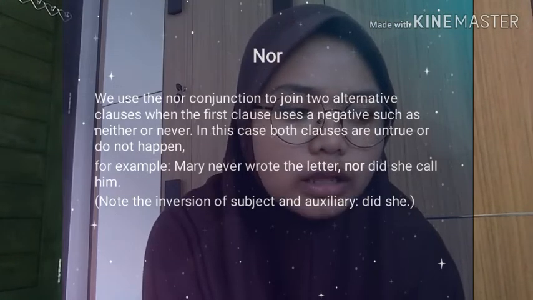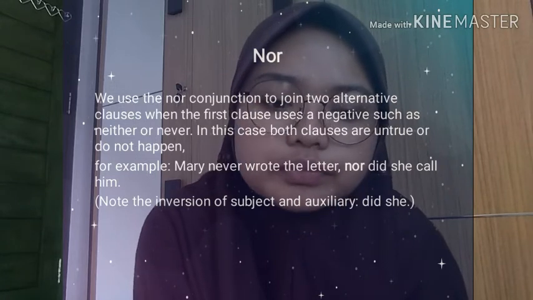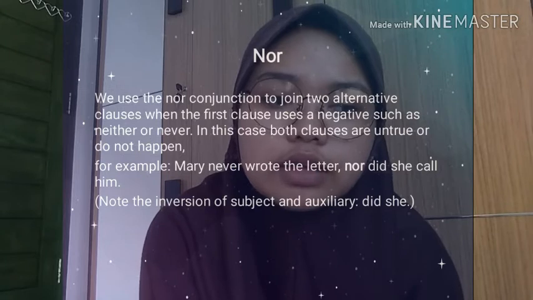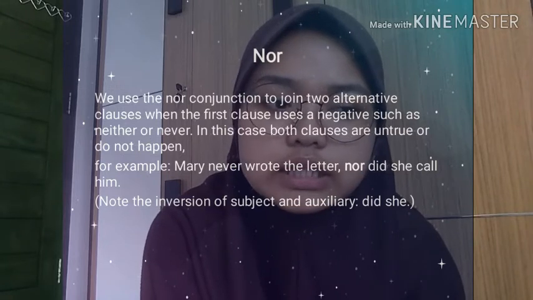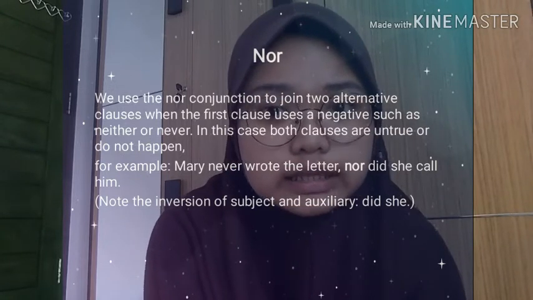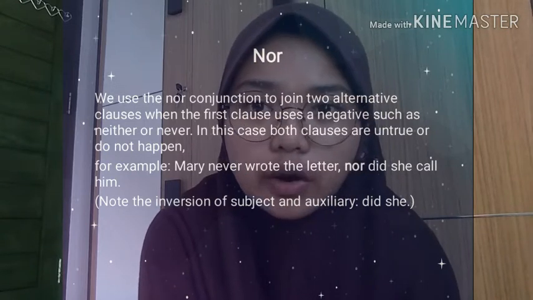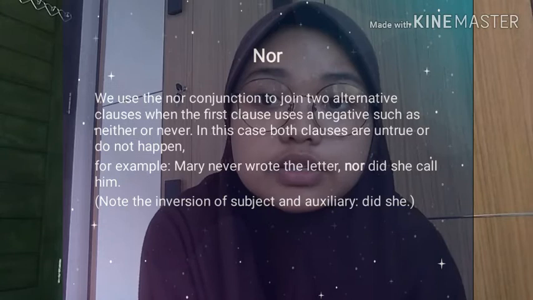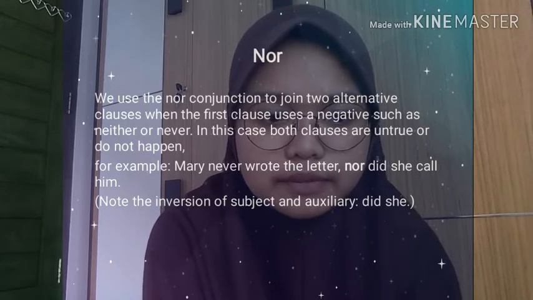And then we have nor. We use the nor conjunction to join two alternative clauses when the first clause uses a negative such as neither or never. In this case, both clauses are untrue or do not happen.